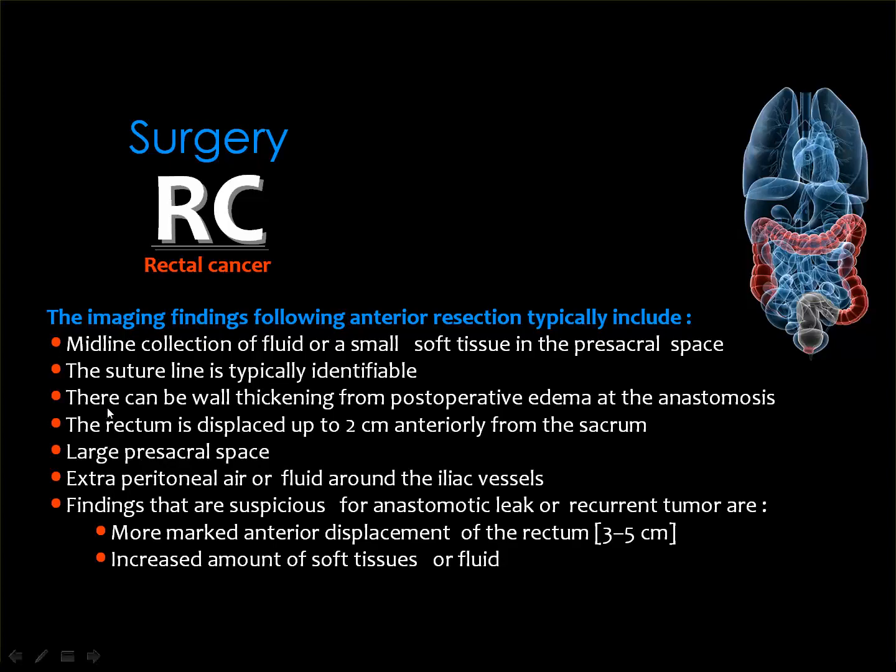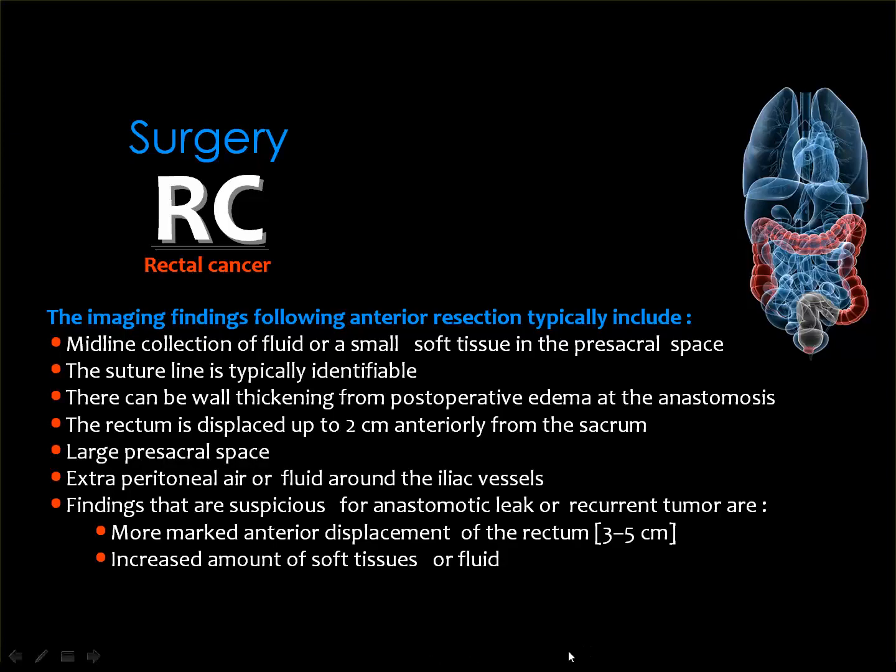Then you may see some wall thickening from postoperative edema, and at the site of anastomosis, the rectum is displaced up to 2 centimeters anteriorly from the sacrum, and you get a large presacral space, and you may get extraperitoneal air and fluid collection around the iliac vessels.